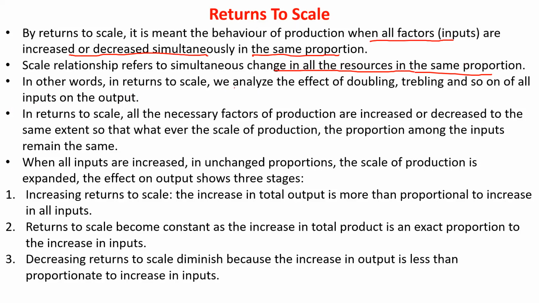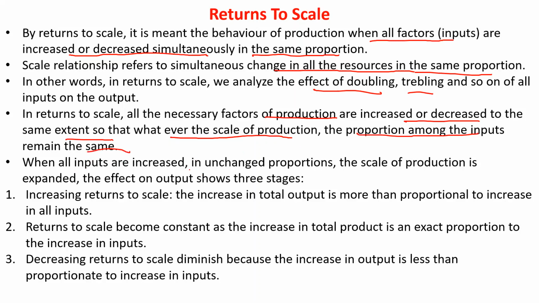In other words, in return to scale we analyze the effect of doubling, tripling and so on of inputs. यहाँ पे हम inputs double करते हैं, triple करते हैं, and you see its effect on the output. Now, in return to scale, all necessary factors of production are increased or decreased to the same extent so that whatever the scale of production, the proportion among the inputs remains the same.